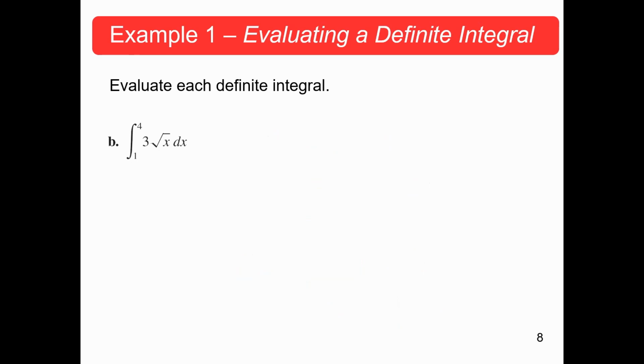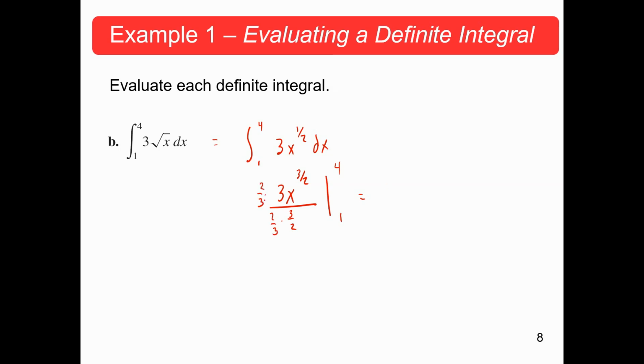Here we've got another one. We're going to rewrite this one from 1 to 4 of 3x to the 1/2 dx. Now we're going to do the same thing we did before. We're going to raise this, add 1, so that's 3/2. We've still got the 3. Now we're going to divide by 3 halves. Okay? Now, we're going to evaluate this from 1 to 4. Now, I don't like dividing by this, so I'm going to multiply by 2/3 times 2/3.